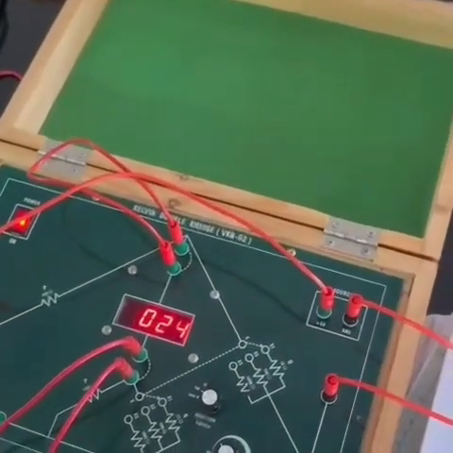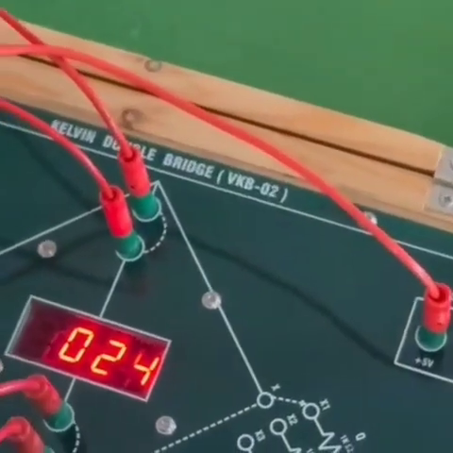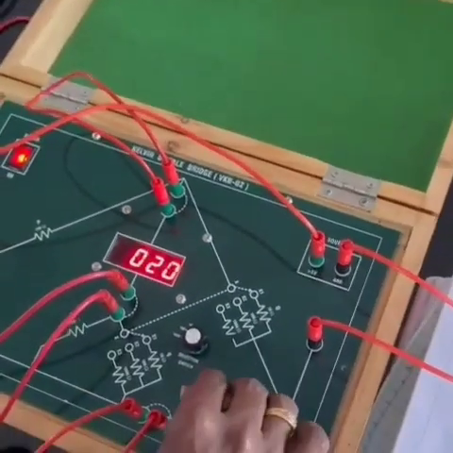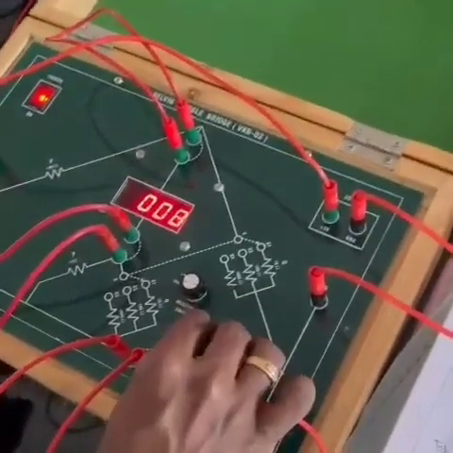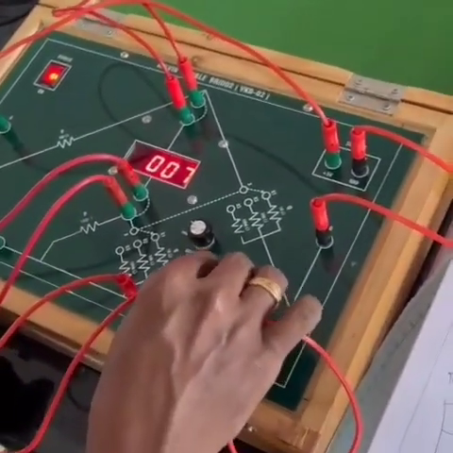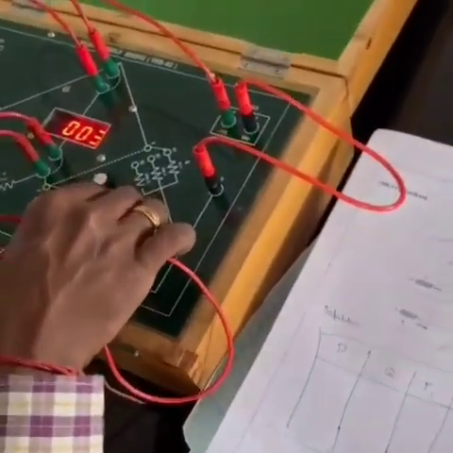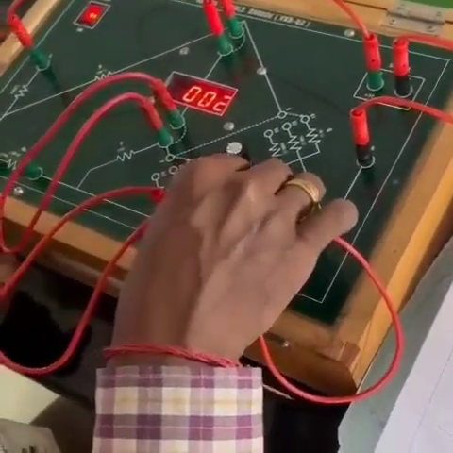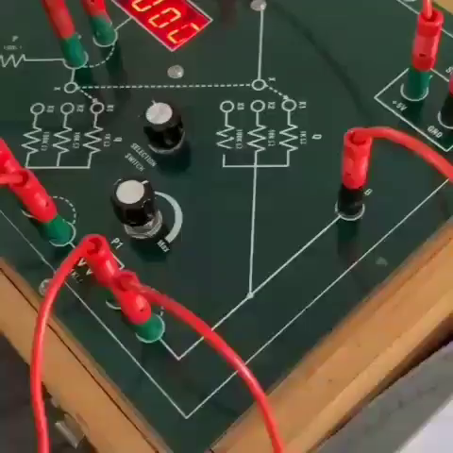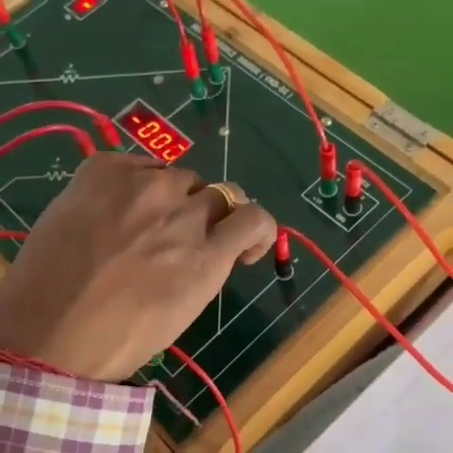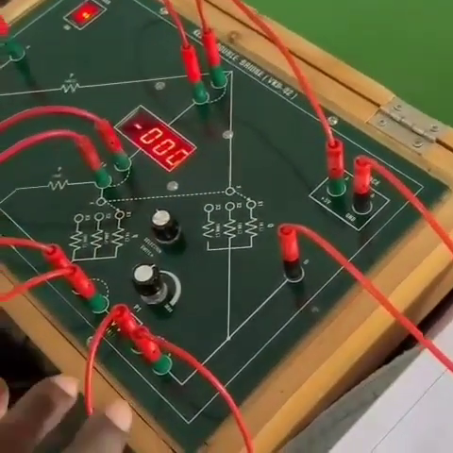The value of P1 should be from 0 to 1 kilo ohm. So I am making this to be 0. Now it is very close. Now it becomes 0.